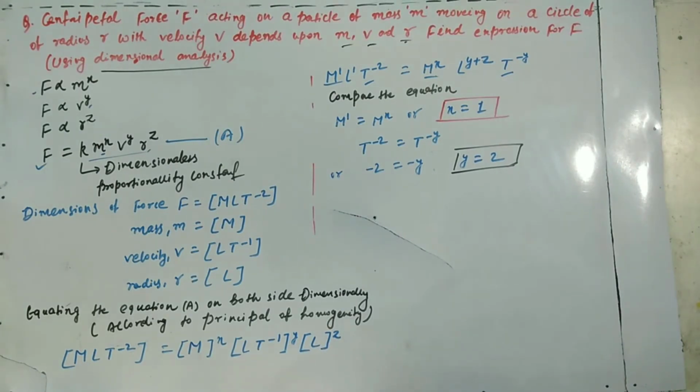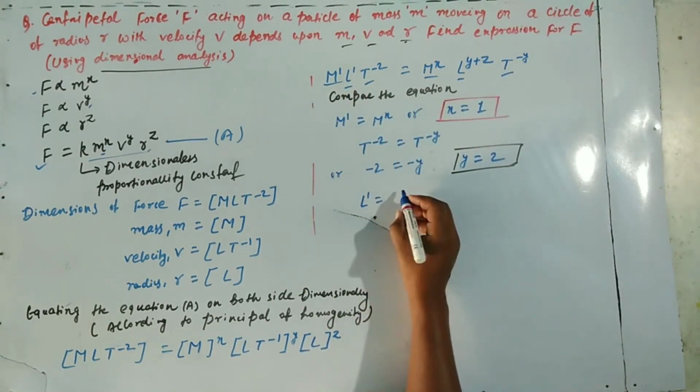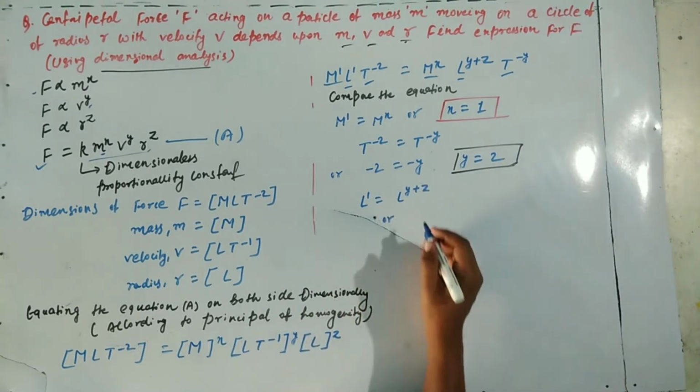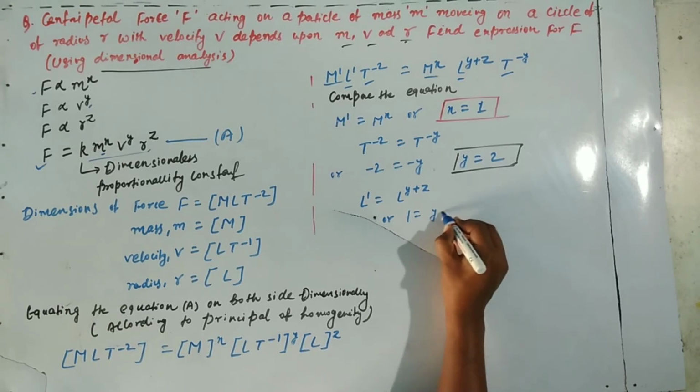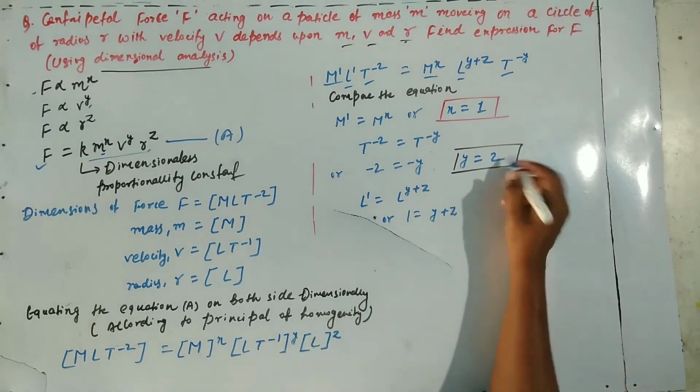Now we compare the L term. When we compare the L term, L power 1 equals L power y plus z. When L is cancelled, then 1 equals y plus z. Now we put the value of y.